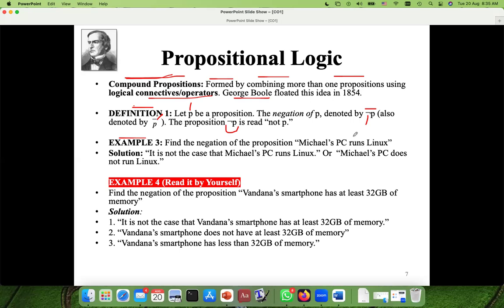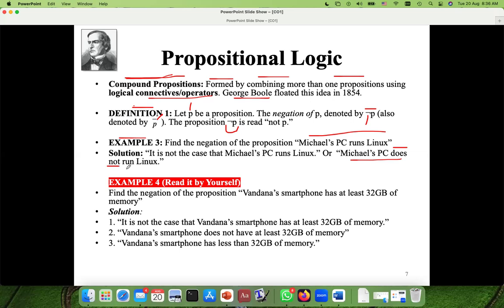It is a proposition, and it asks to find the negation of this. What is the meaning of negation? Opposite. So what is the opposite of this sentence, Michael's PC runs Linux? Does not run Linux. The whole sentence with does not is called the negation of P. So the solution is: Michael's PC does not run Linux.